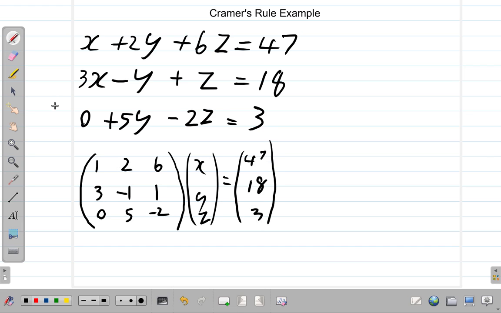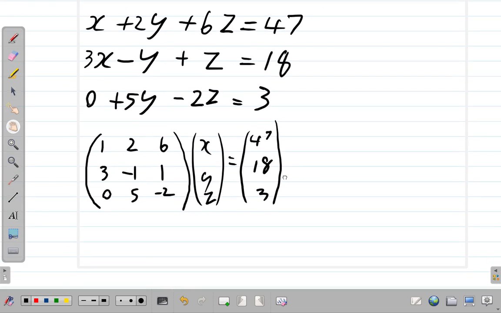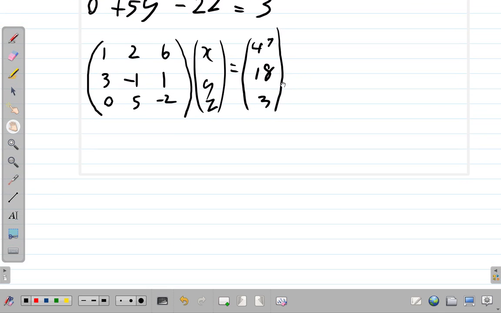Now, remembering Cramer's rule from previous work, x is going to be, you will have two determinants, one divided by the other. Let's erase x from here and put it here, x equals this determinant over this determinant.